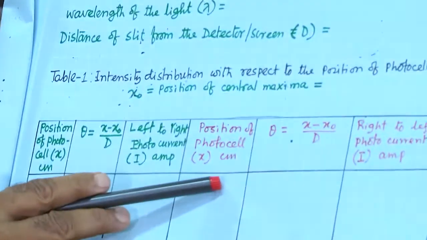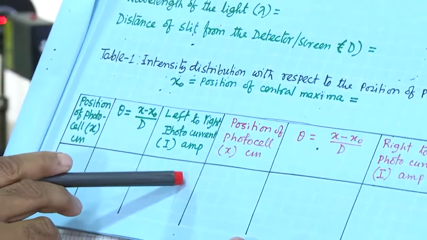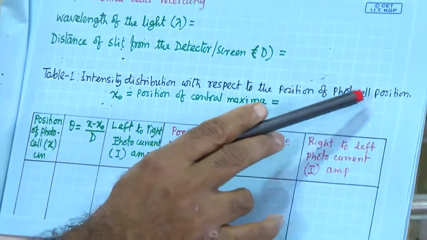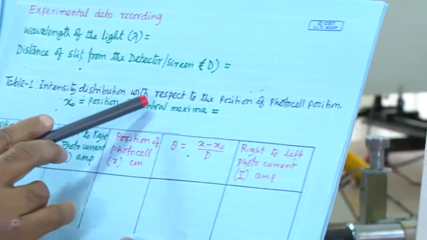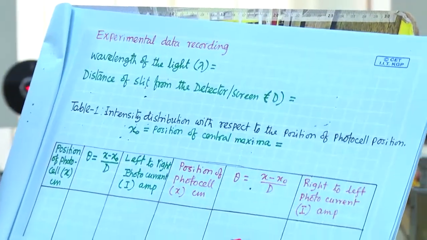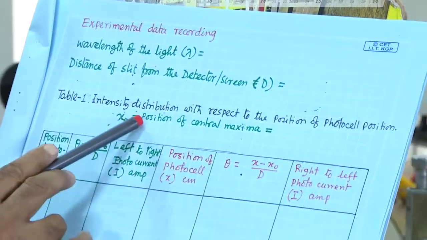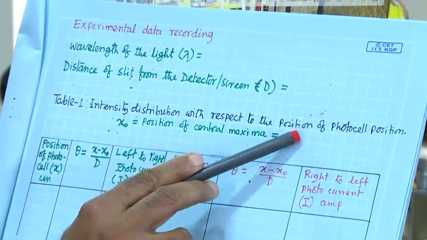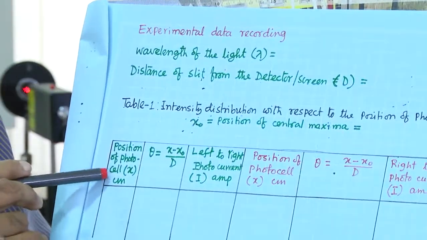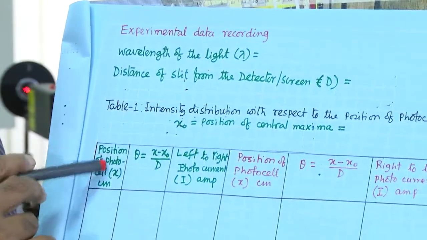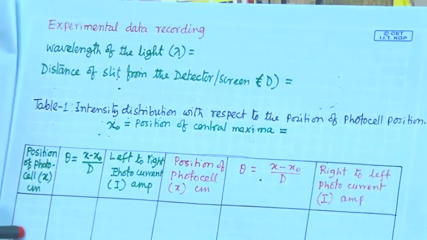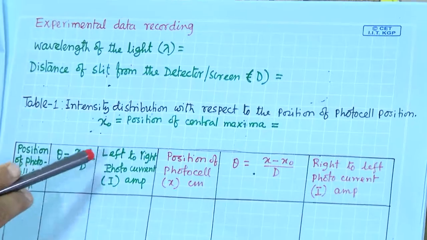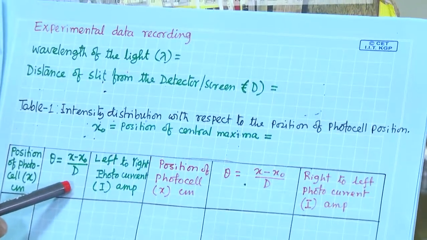For that, this is the table. Intensity distribution with respect to the position of the photocell. Okay. So, x0 is equal to the position of the central maxima, we will note down, and then the position of the photocell we will note down in centimeter or millimeter, whatever. And then theta will be (x minus x0) divided by D, as I explained.